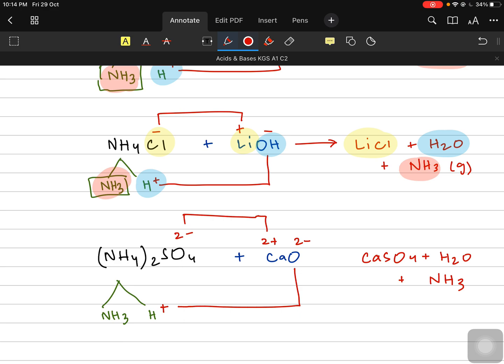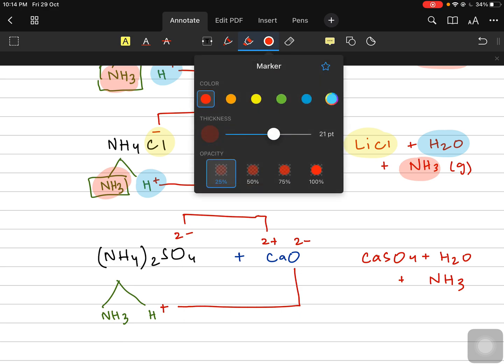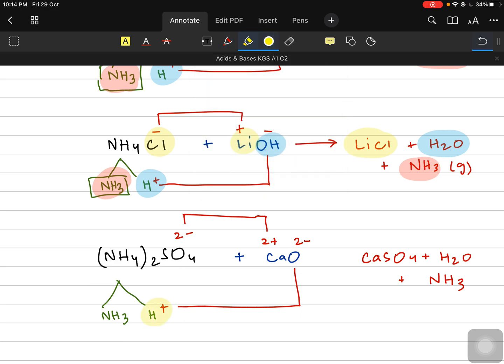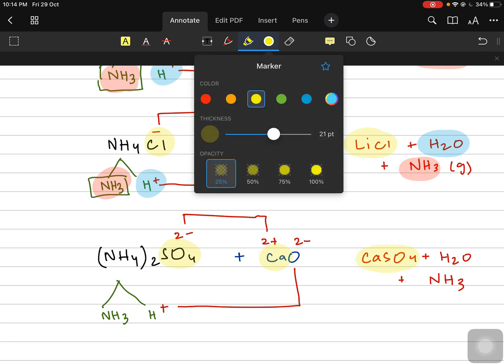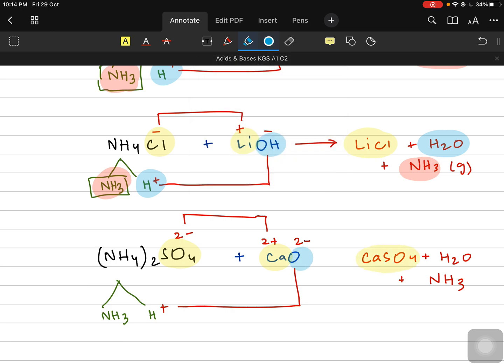So it's again a partner exchange reaction, and you basically get a salt, because I'm using yellow for the salts right now. So calcium and sulfate combine to give you calcium sulfate as a salt. H and OH combine to give the water, and what else you're going to get is ammonia gas. So ammonia gas is the third product.